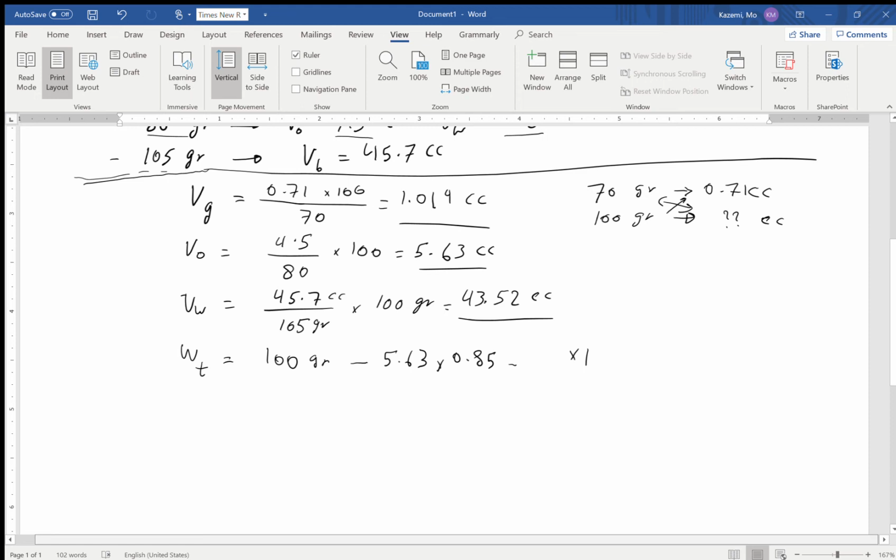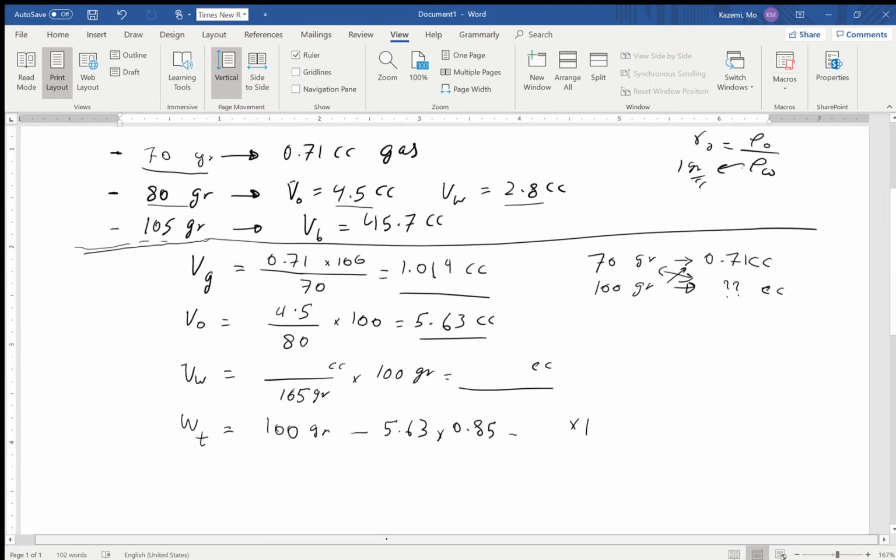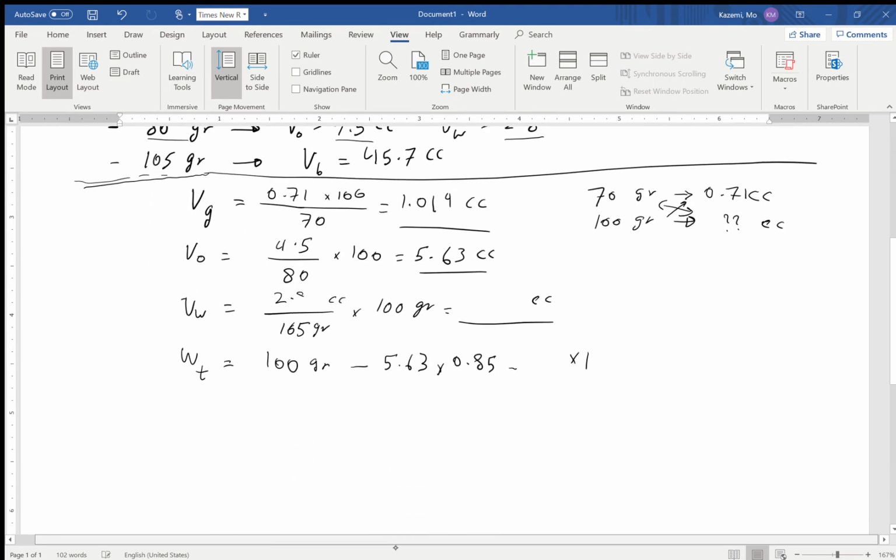I miscalculated here, I assume. Sorry, I made a mistake here. How much volume of water we had was 2.8 cc, and multiplied by that, that would be 3.5 cc. I did it here correctly. That was 3.5 cc, correct, yeah.